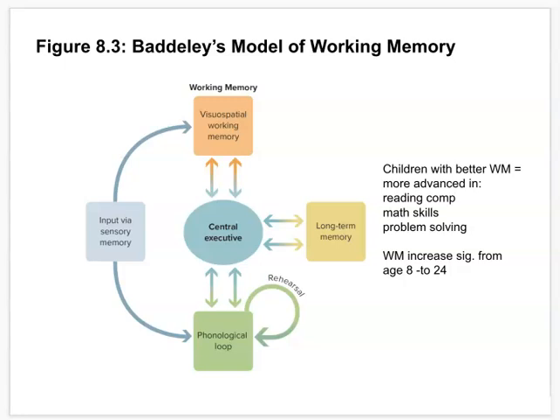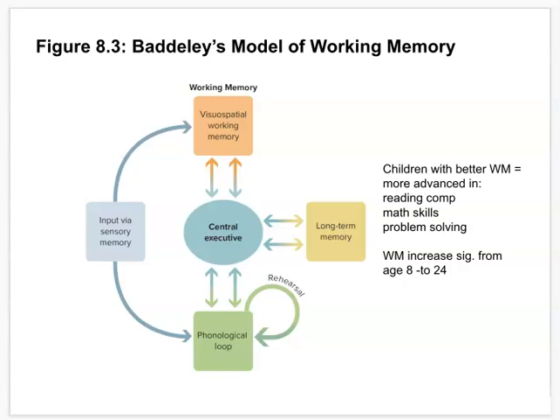The research has demonstrated that children's working memory is linked to many different aspects of their development. Children who have better working memory are more advanced in reading comprehension, math skills, and problem solving. Working memory increases significantly from the age of 8 to 24.